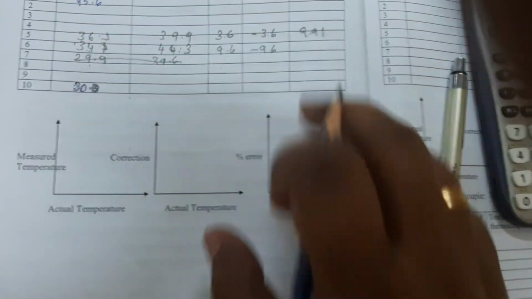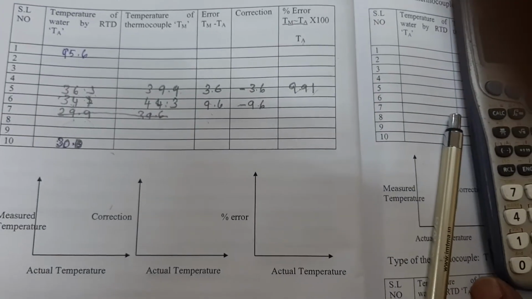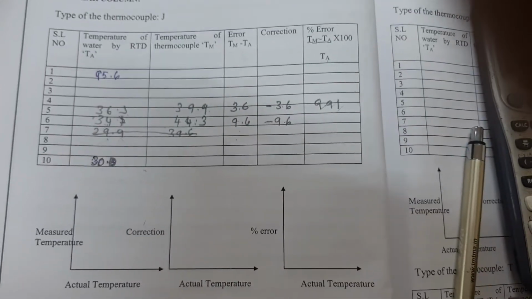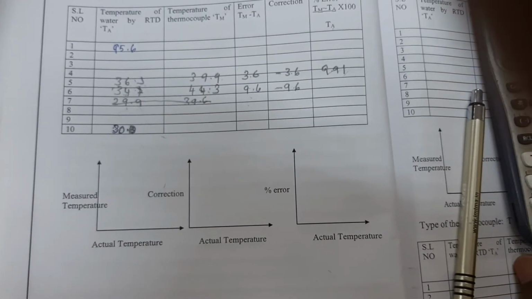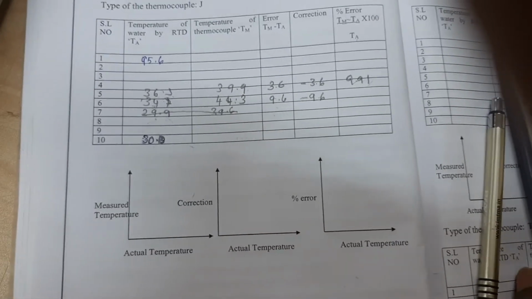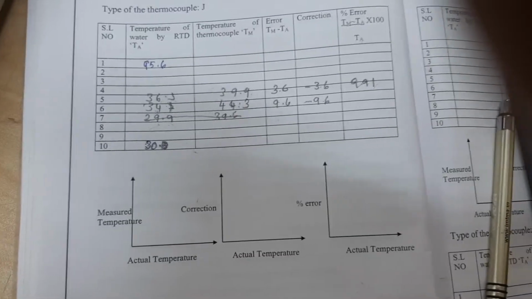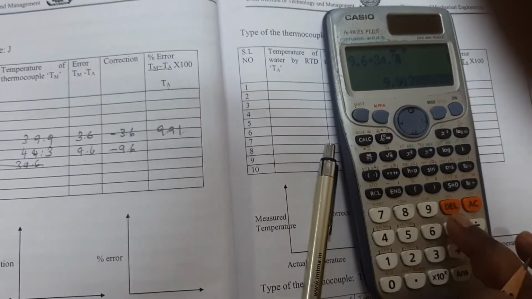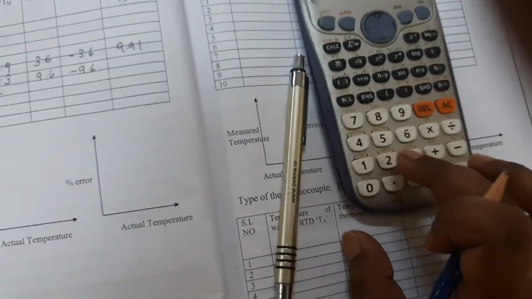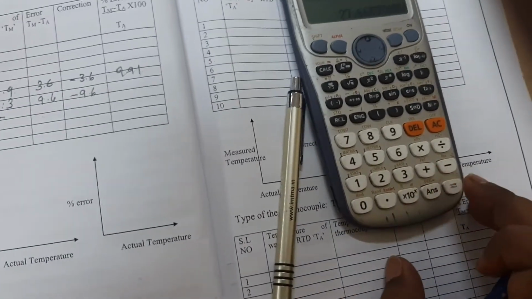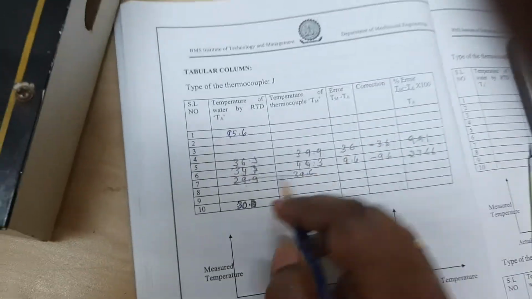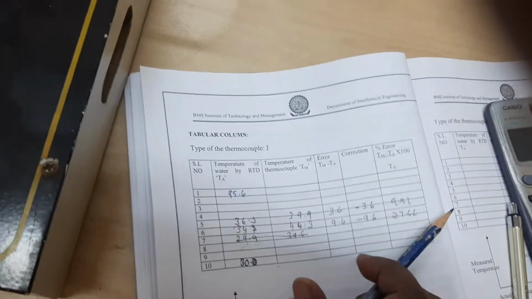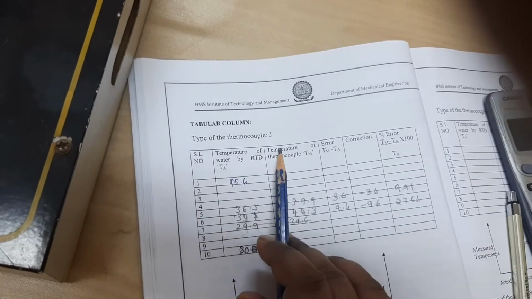Similarly for the other value, the error is 9.6, the Ta value is 34.7, into 100, which will be 27.6. So you have tabulated the values for the thermocouple under the J type.